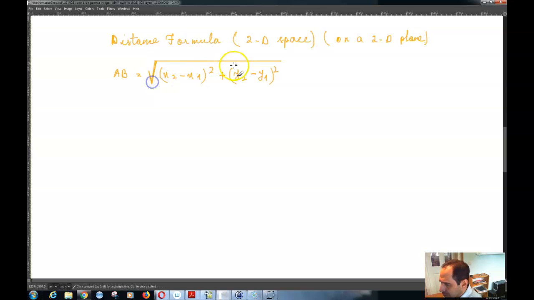So this was the distance formula that we used for the distance between 2 points A, (x1, y1) for example, and the point B, for example (x2, y2).